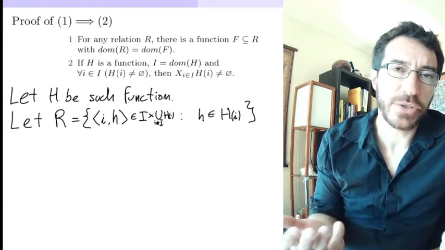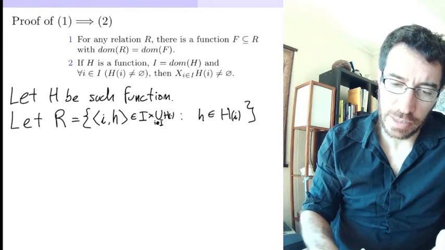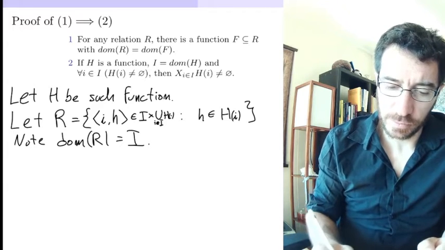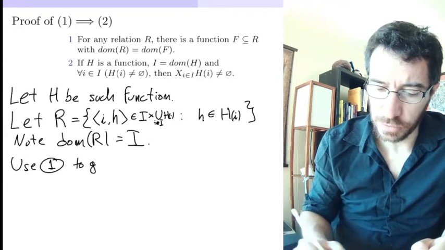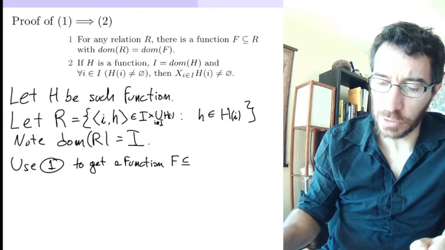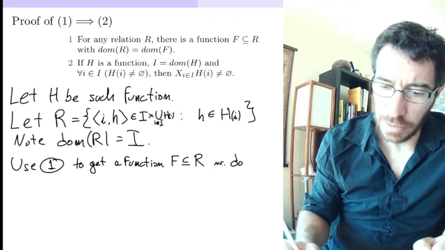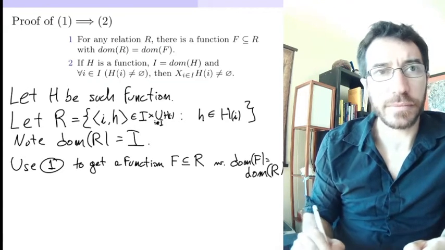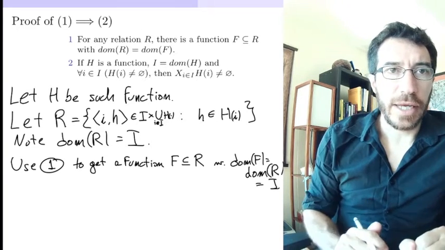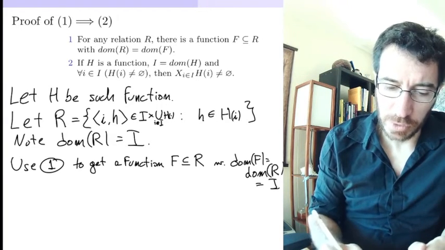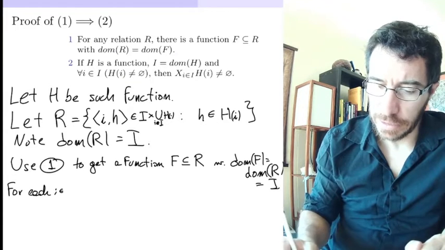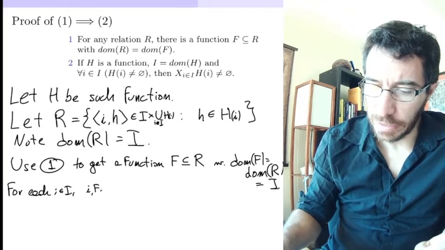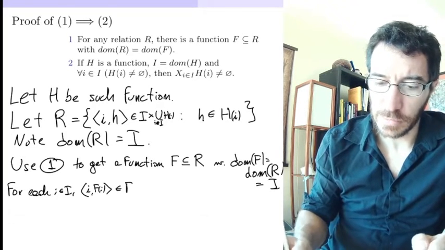That is a set of pairs, so it is a relation, and the domain is I. Now use 1 to get a function f, included in the relation, with domain of f equal to domain of R, which is I. And notice, for each i in I, we know that the pair (i, f(i)) belongs to f, the graph of f.